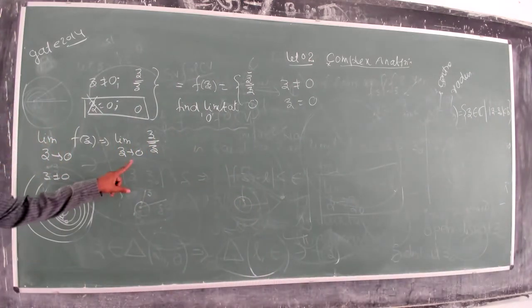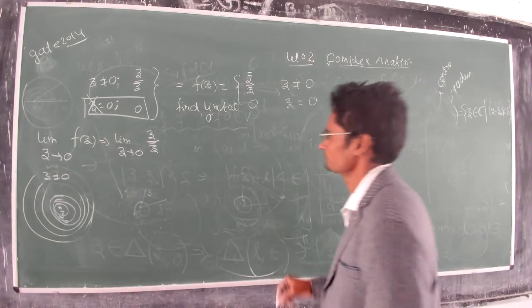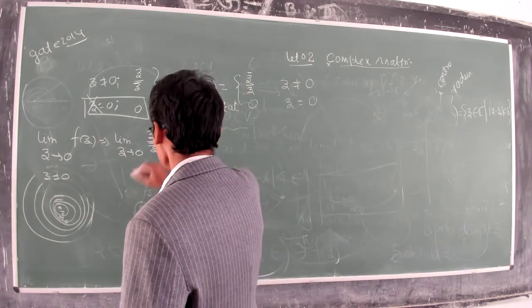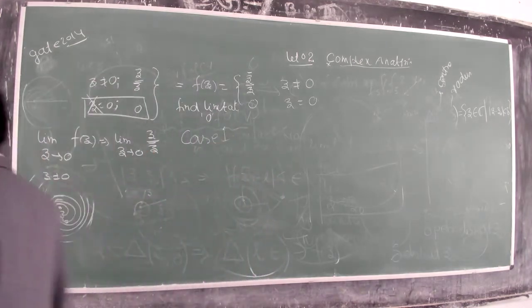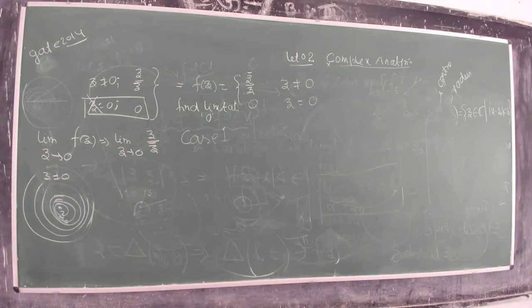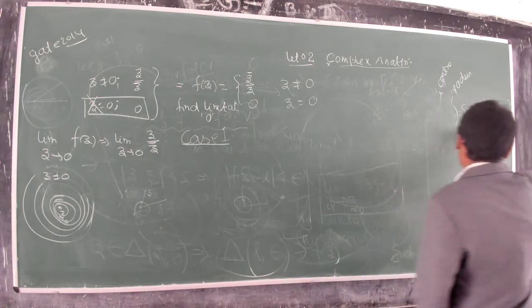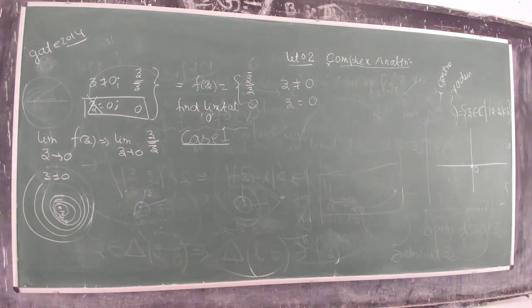Okay. So g tending to 0, this is a function. If you remember, I am taking case number 1. g tending to 0. In complex analysis, you are going to 0, which implies you have to go circle-wise.